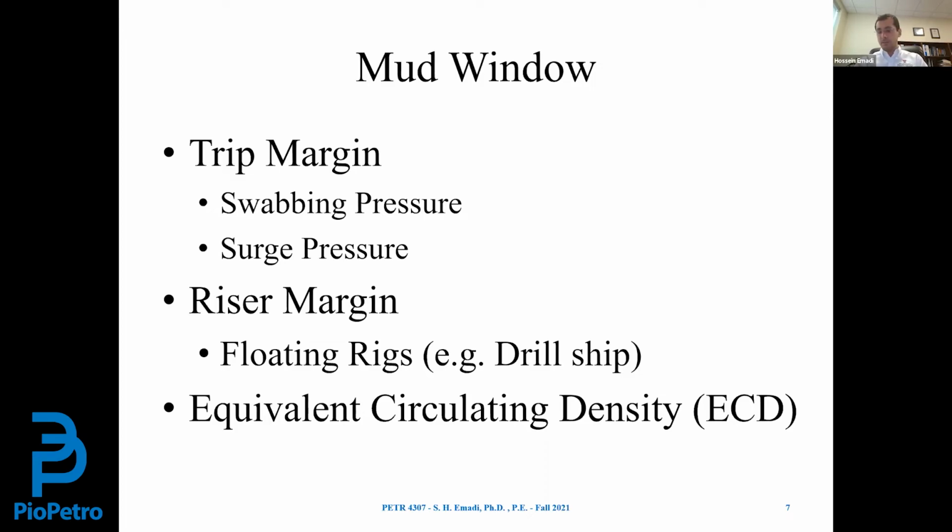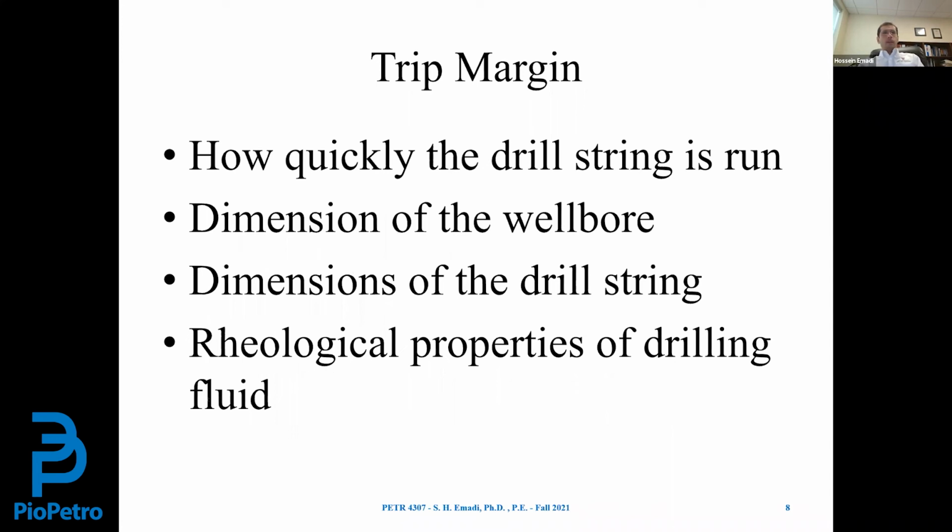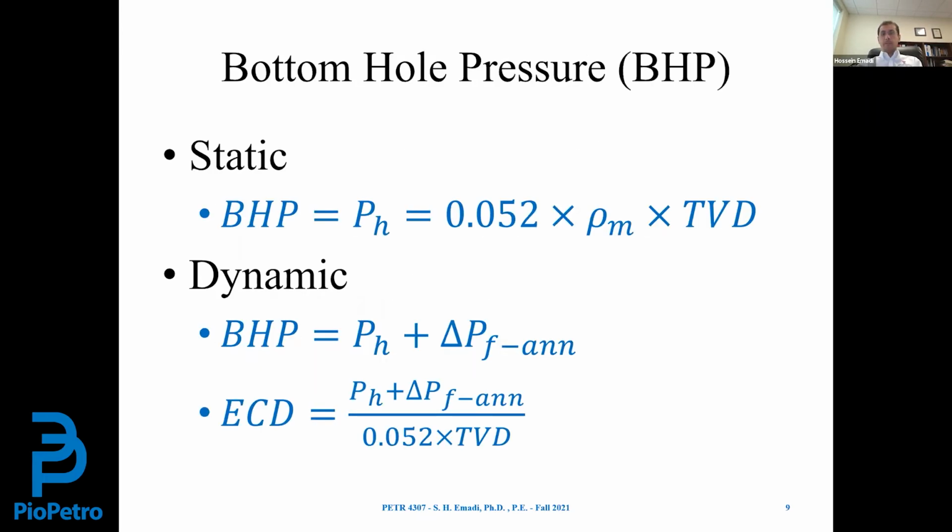When we are pumping, we call it dynamic bottom pressure. When we stop pumping and the well is in the static condition, we call it static bottom pressure. And obviously, dynamic bottom pressure is always greater than static bottom pressure. So, we already talked about the trip margin and what factors affect the trip margin.